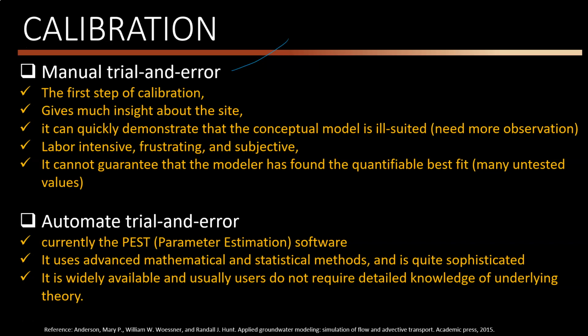It is very important that although you usually will be required to use an automated trial and error method, before starting this, you should manually try to do the calibration and play with your model, because by doing so you will gain a lot of useful insight about the site, which can help you in soft knowledge assessments.